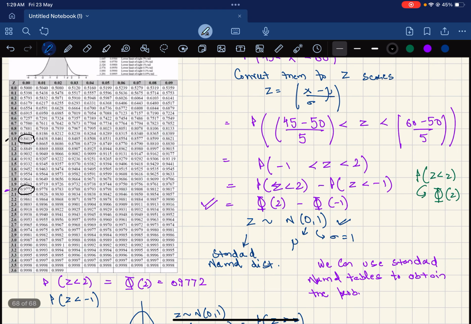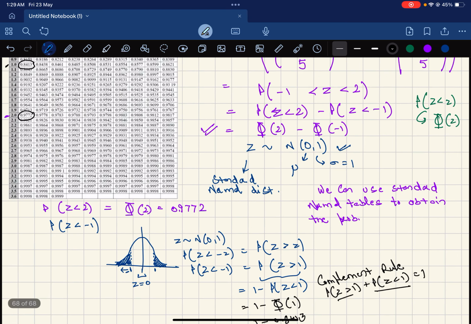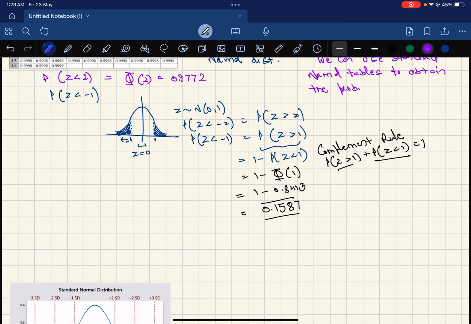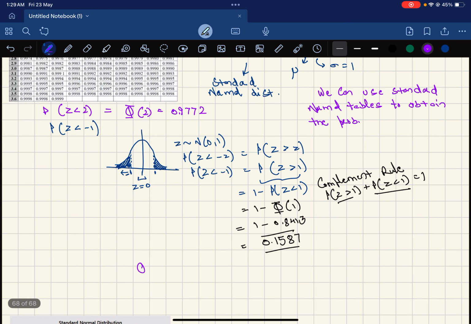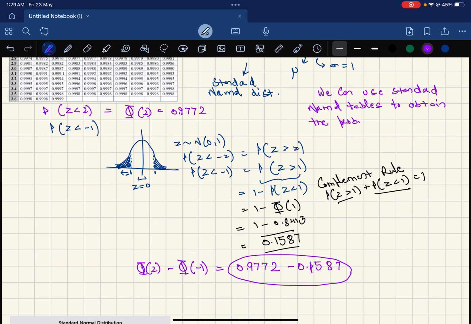Now to get our initial probability, we can simply put these values. We had to calculate phi(2) minus phi(-1). This is nothing but 0.9772 minus 0.1587. So one can simply subtract them to get the required probability.